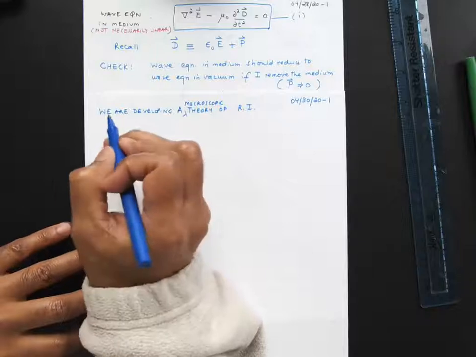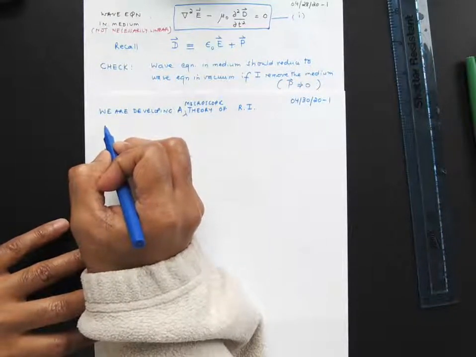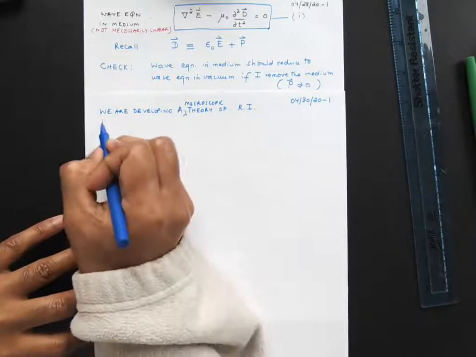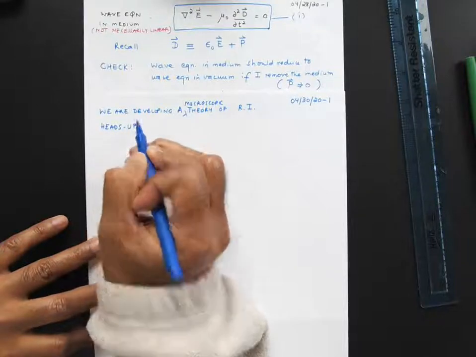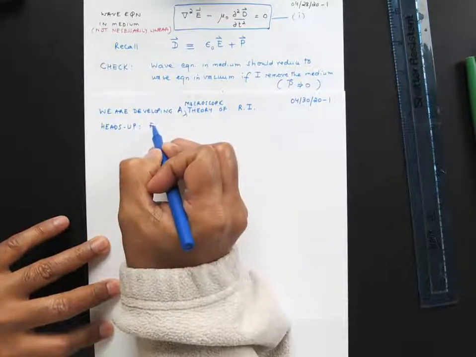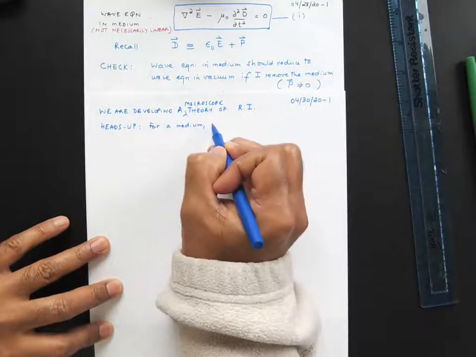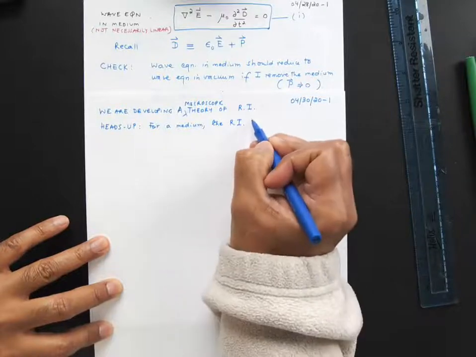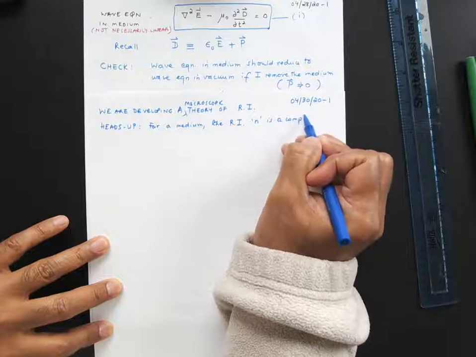And I want to give you a sneak preview, a heads up, that for a medium, the refractive index n is a complex number.